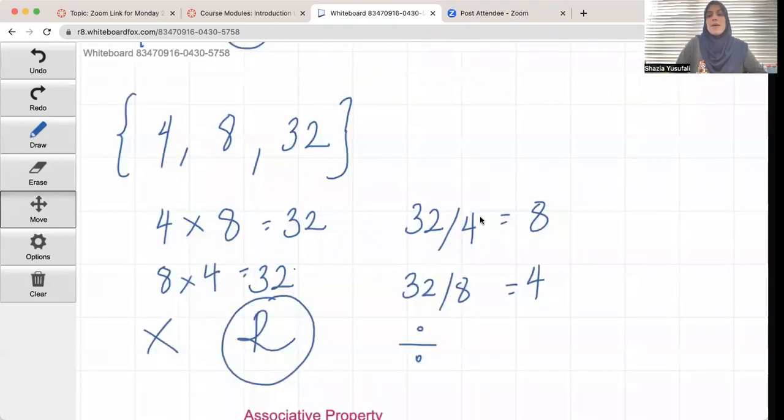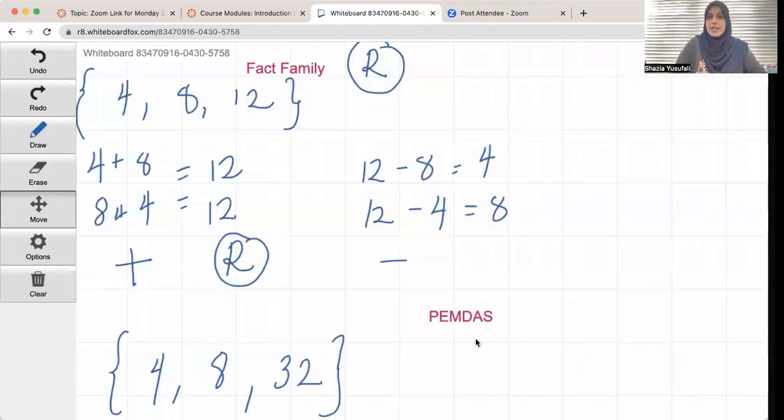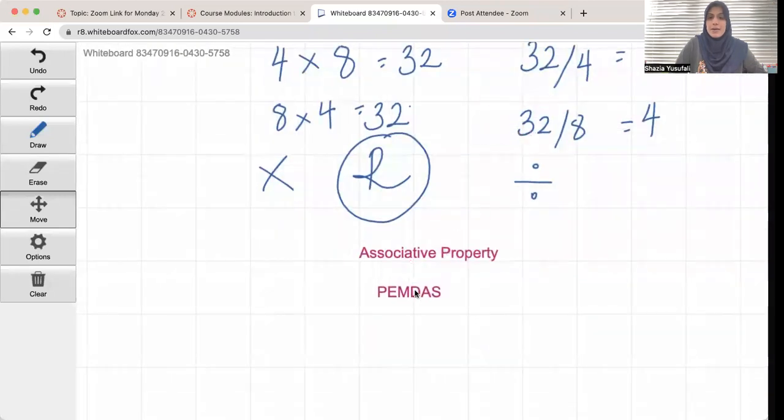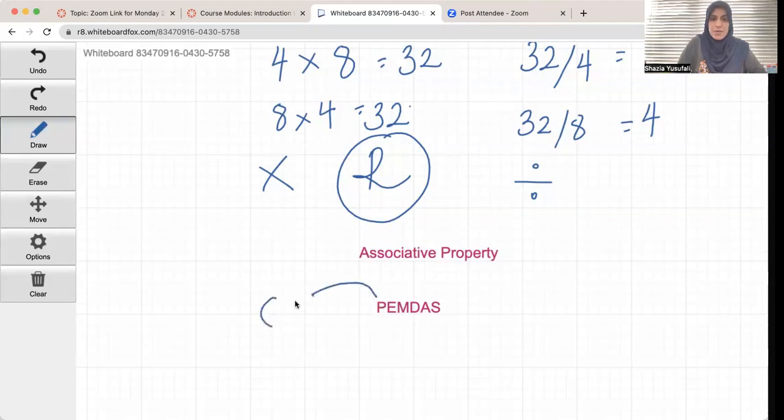Before I talk about the associative property, let's talk about something we've heard about, and that's PEMDAS. So what is PEMDAS? PEMDAS is parentheses, which is your brackets, exponents, which is the thing on the top, like x squared or x to the y.